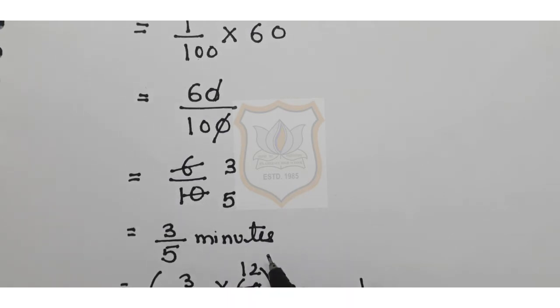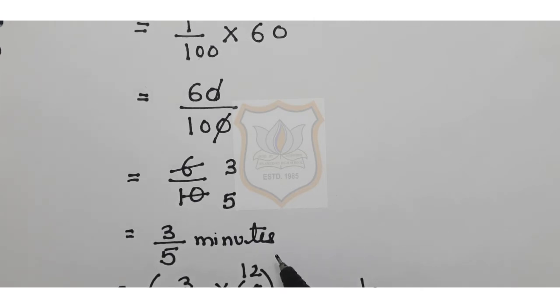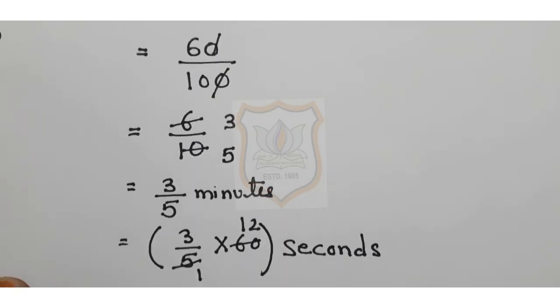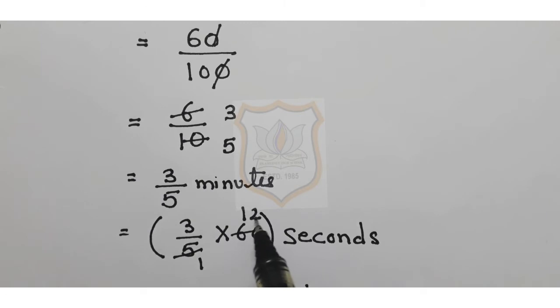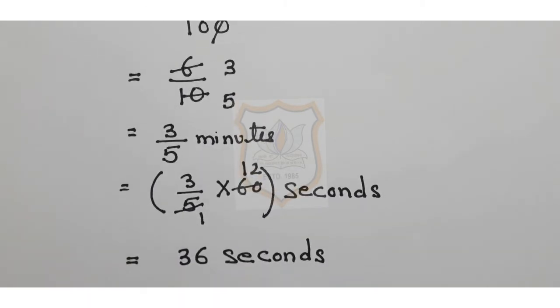To convert minutes into seconds, you know that you have to multiply by 60 because 1 minute is equal to 60 seconds. So 3 upon 5 multiplied by 60. 5 ones are 5, 5 twelves are 60. So our answer is 36 seconds.